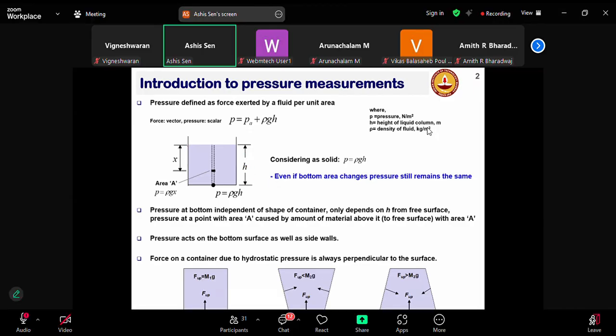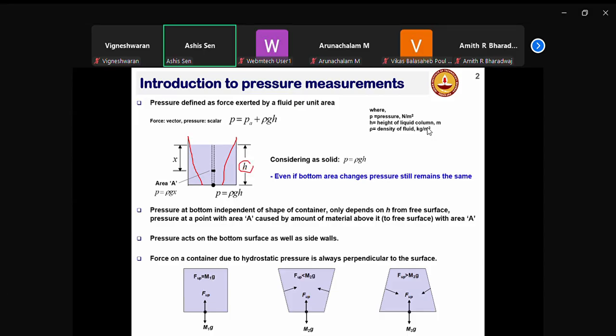Let's say I make this container area tapered, right? Maybe something like this. Now the weight of the water is changing. That means the force per unit area will change, but the pressure remains the same because pressure is only a function of the height of the liquid column.